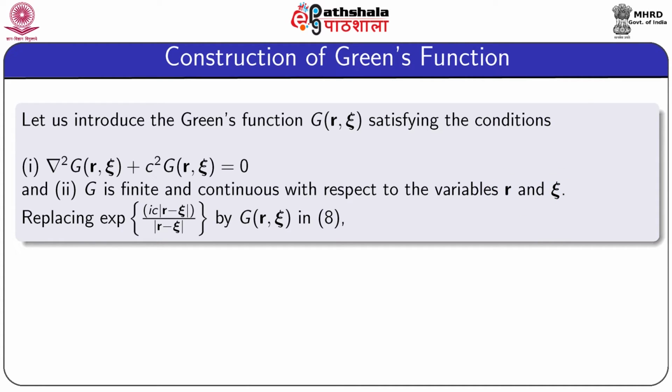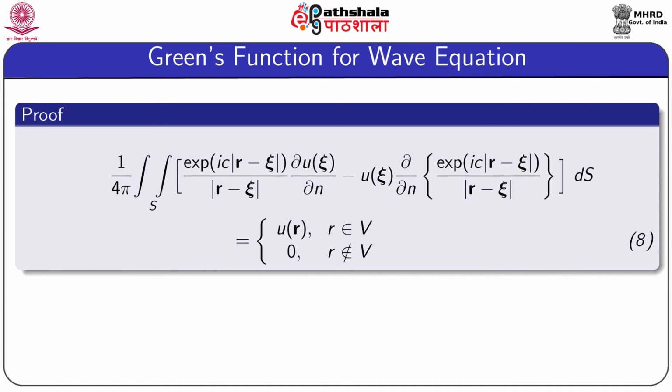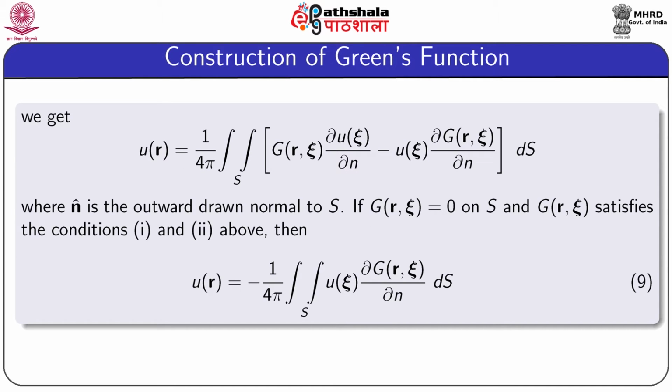So, we can replace the exponential term by g in equation 8. If you observe equation 8, we are replacing this term by g. So, the expression becomes u at r equals 1 by 4 pi times the surface integral of g del u del n minus u del g del n ds.